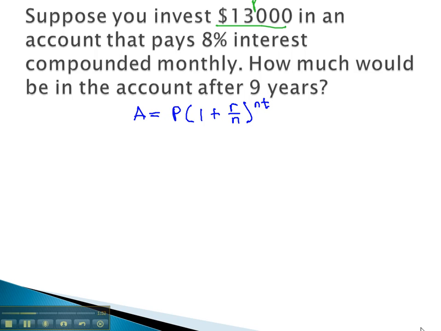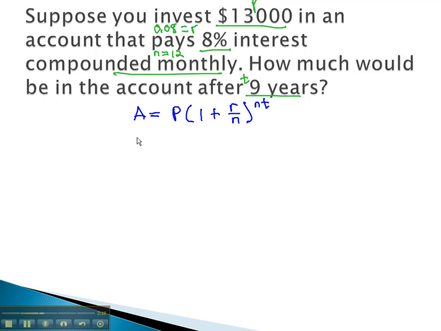This is our principal or starting investment. 8% is the rate, which must be written as a decimal, 0.08. It is compounded monthly, meaning the number of compounds in a year is 12, because there's 12 months in a year. And we want to know how much is left after 9 years.